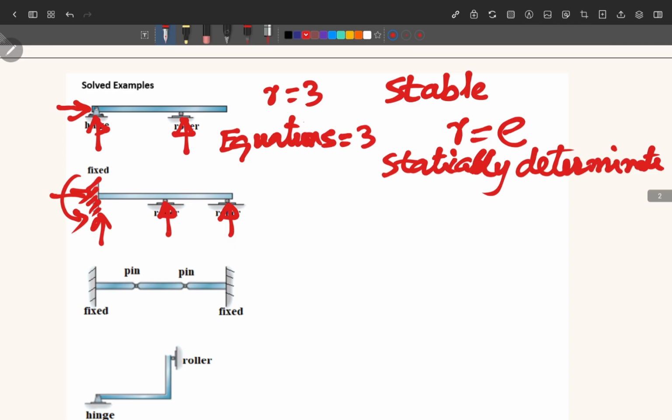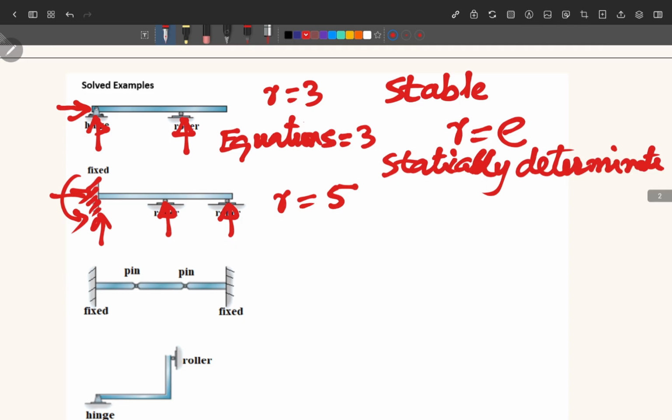So again, we can see very well that all the reactions are not parallel. 3 reactions are parallel, but the fourth one is horizontal, and the moment, these are not parallel reactions. So we can say that all the reactions are not parallel, all the reactions are not concurrent, and the reactions are not less than the number of equations of equilibrium. So in this case, we have R equal to 1, 2, 3, 4, 5.